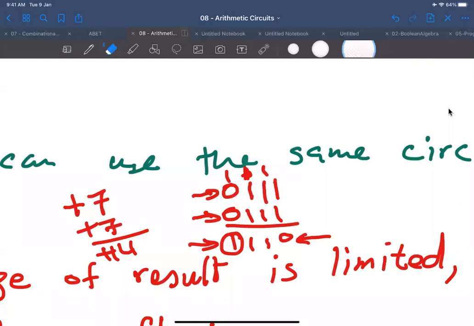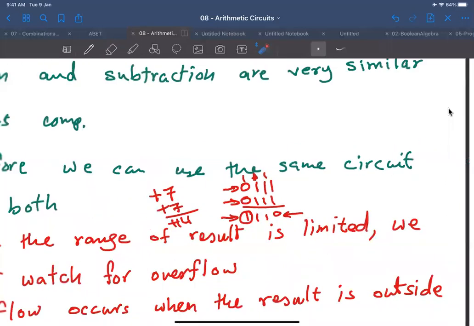So that's correct. But since we are using signed numbers here, notice that we are adding 2 positive numbers and we get a negative number. So this must indicate an overflow. There is an overflow condition here.